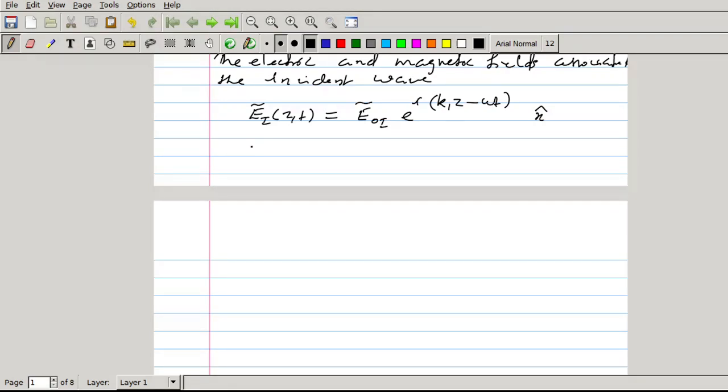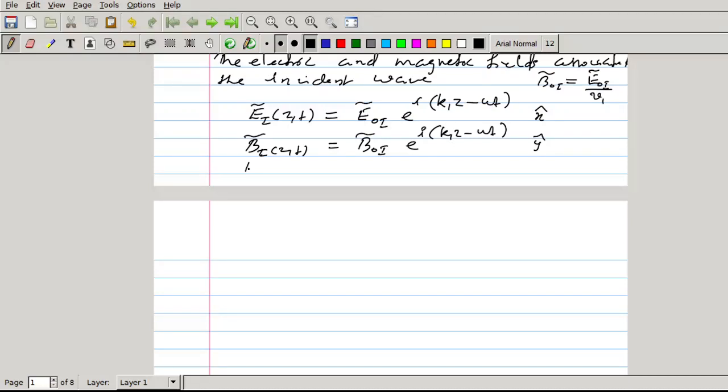The magnetic field can be written as B_I(z,t) equal to B_0I e raised to i(k1 z minus omega t). It is along y direction. B_0I we can write as E_0I, the electric amplitude, divided by the speed of the electromagnetic wave in that medium, V1. So E_0I by V1.